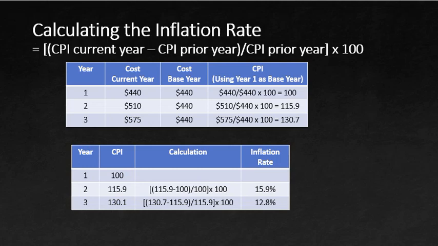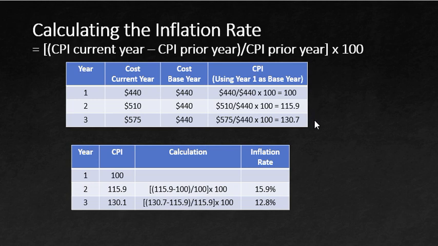We can use the Consumer Price Index to calculate the inflation rate. So if we have the CPI data, we can use that to see what's going on with inflation. So we have this table here that gives the CPI.